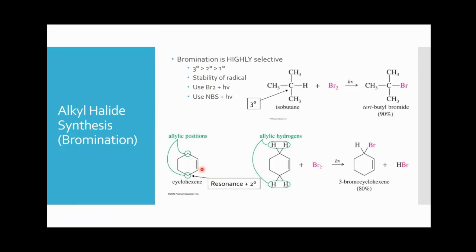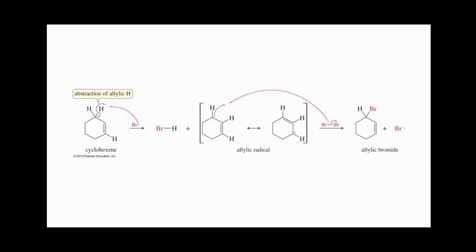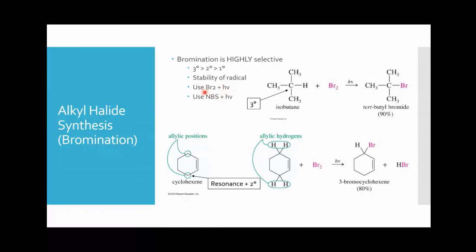So in this example, these two positions are where the bromine will attach because of this resonance. For this one you use Br2 plus hv or NBS plus hv. They do the same thing.